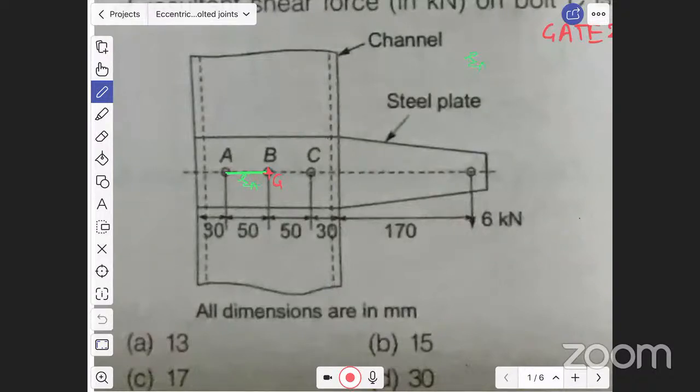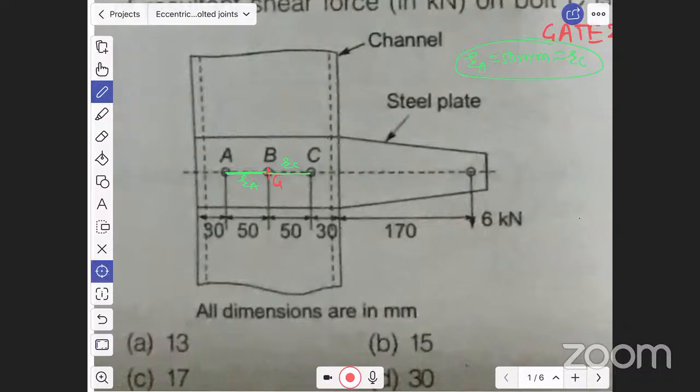Therefore, we can say here RA is equal to 50 mm. All dimensions are in mm. Again, the distance of point C from G or B is RC. RC is also given 50 mm. RA is equal to RC, which is nothing but 50 mm.